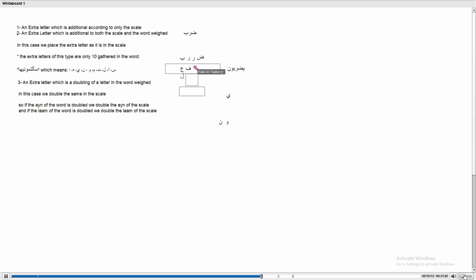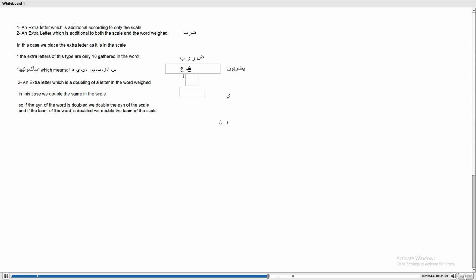The letter which fell against what? The ayn. Okay, so it is the ayn of the word that was doubled. So since it is the ayn of the word that was doubled, double the ayn in the scale. So you're going to put another ayn there.